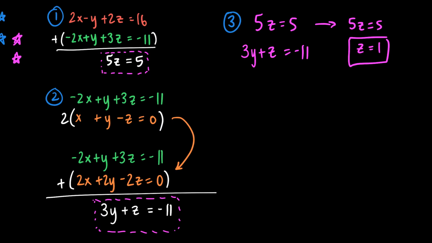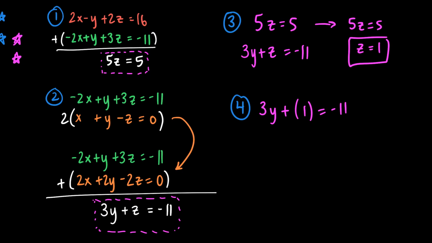And so if z is 1, I guess we'll just move to step 4, just to keep it consistent with the other problems we did. Now we know that 3y plus z, which is 1, needs to be negative 11. All I did was take this equation, bring it down, and fill in a 1 where the z was.